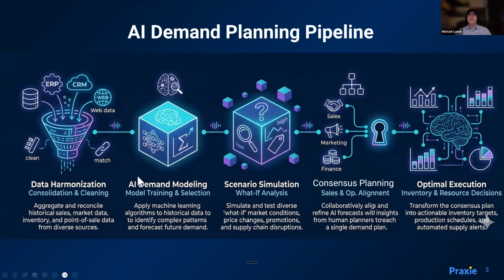There are a number of mathematical models used for the AI demand modeling, being able to manage scenario planning and what-if analysis, etc. Then ultimately, you want to bring this together as a consensus plan from all of the folks in the team, finance, marketing, sales, and then be able to take that further into your supply planning, your scheduling, and all the types of things that you do to go into production. So that's the process. We'll be basically going through these first four nodes during the demonstration today.